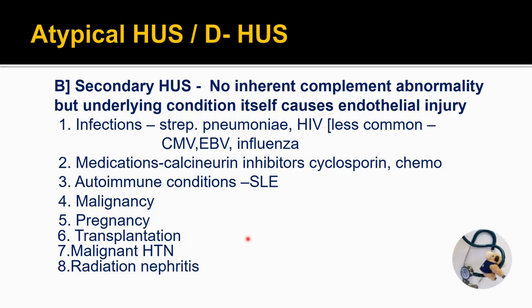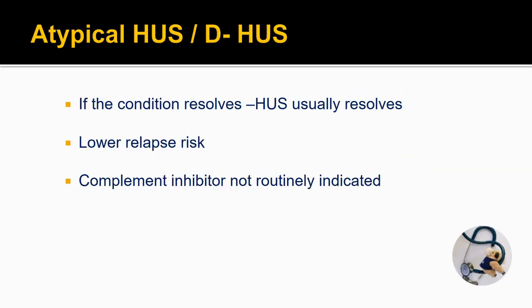Autoimmune conditions like SLE, malignancy, pregnancy, organ transplantation, malignant hypertension, and radiation nephritis are the secondary causes for this type of atypical HUS. In this type of HUS, if the secondary cause is removed or treated, then HUS resolves. It has a lower relapse risk, and a complement inhibitor is not routinely indicated in this; it will not work here.